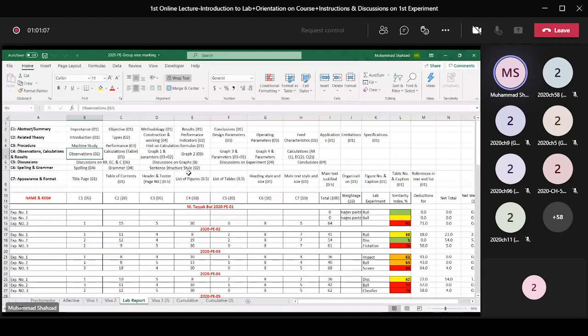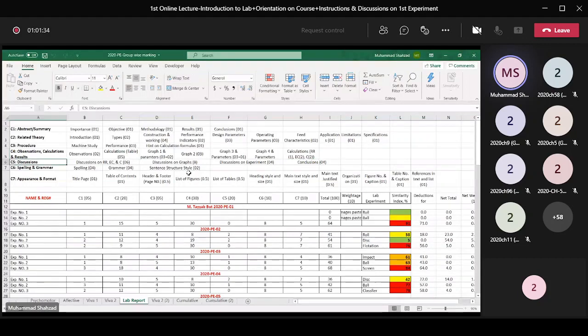Then calculation tables will contain 5 marks. There will be a number of graphs involved in each experiment, and the first graph will hold 5 marks. If you calculate the parameters, you will get the maximum mark. And the graphs number 2, 3, 4, and in the end, calculations of reduction ratio, energy consumption, and capacity. Right? It will contain total 5.